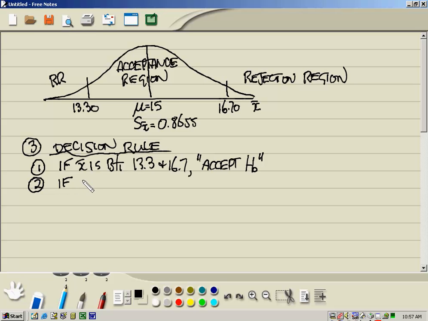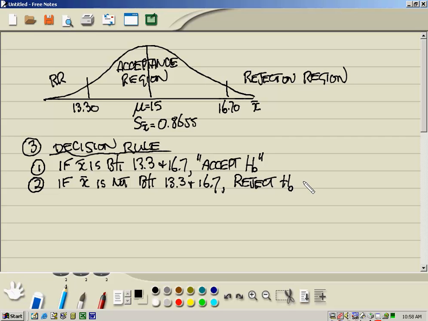Alternatively, the alternate corresponds to the alternate. If x bar is not between those two values, in other words, out in the tails of the distribution, where the alpha is, not between 13.3 and 16.7, then we will, no quotes here, reject the null hypothesis.